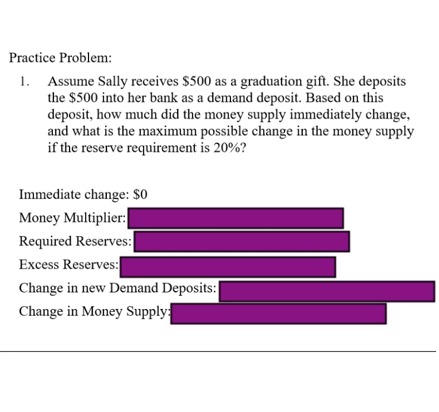Remember that equation is 1 divided by the reserve requirement as a decimal. So 1 divided by 0.2 would give us 5. So our money multiplier is 5. The next question is, from that $500, how much of it is required? So what is 20% of 500?